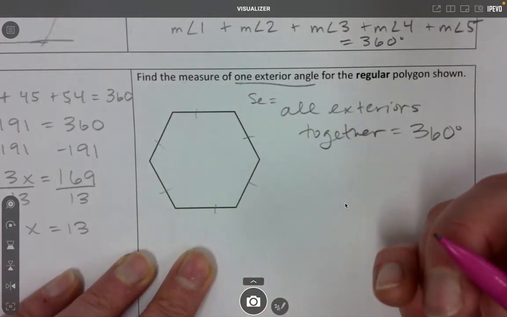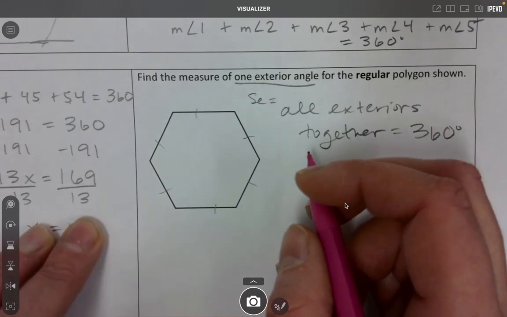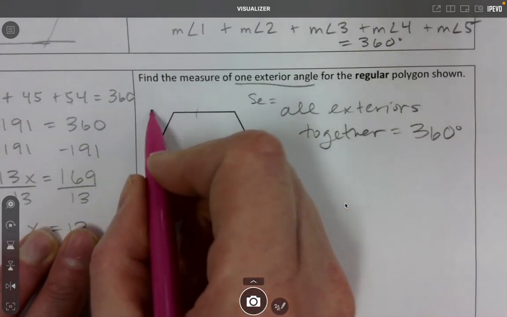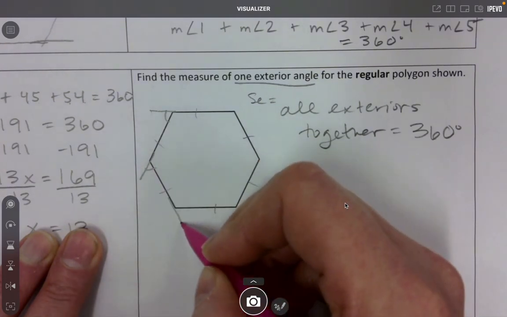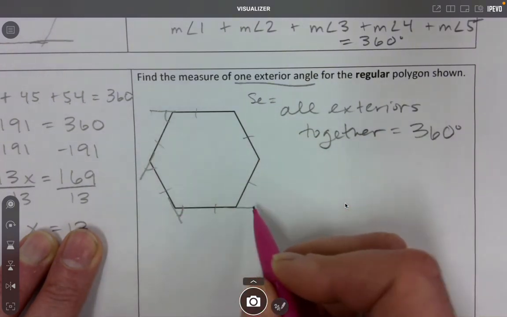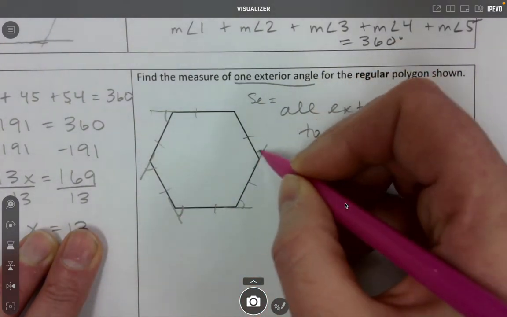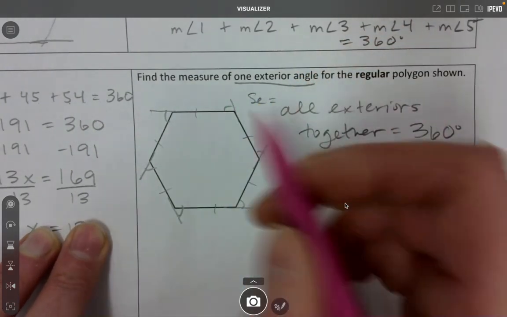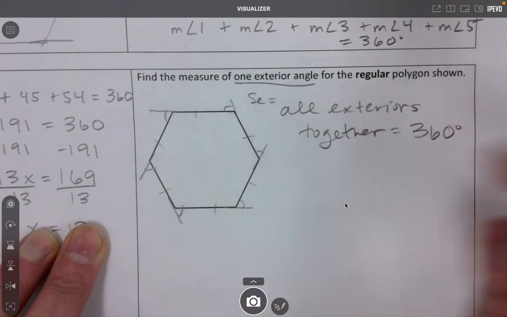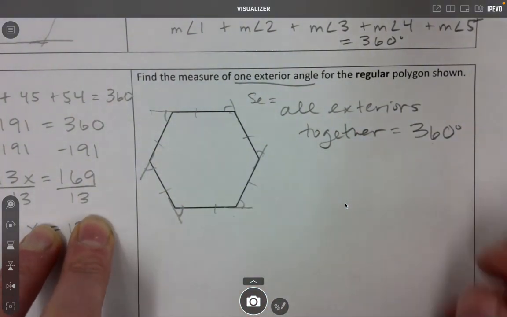And I say sides, but really what we're talking about is angles. Because it's regular, those exterior angles are going to be equal as well. And so if we know all of them together make 360, we just need to divide by how many angles there are to figure out the measure of 1.